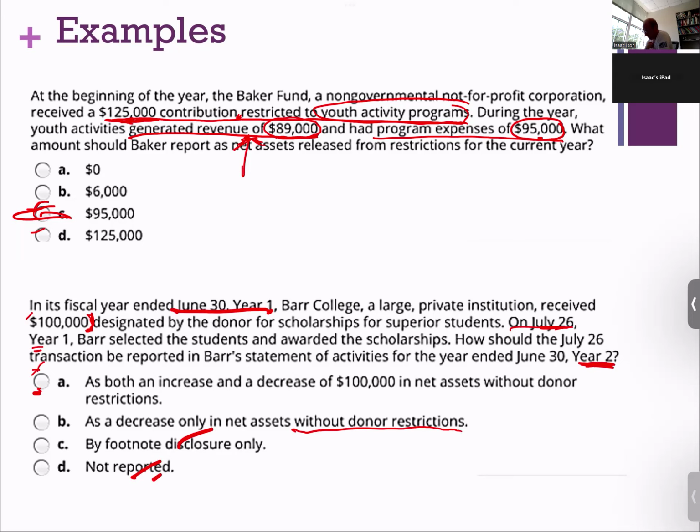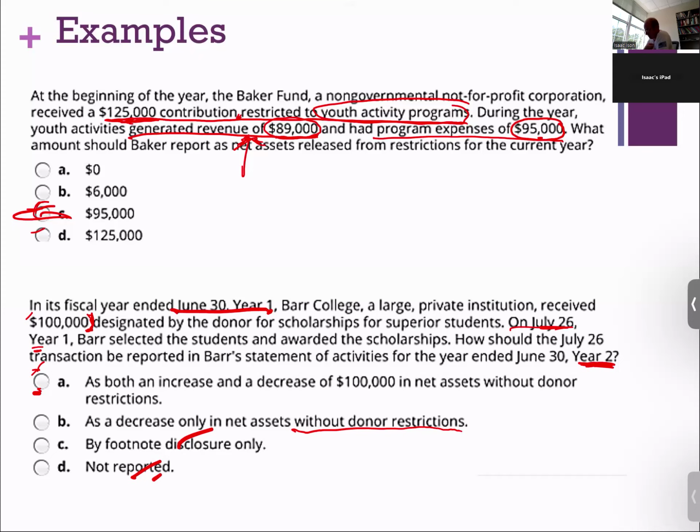The only way you'd have an answer that would be better is if it talked about increasing net assets with donor restrictions, and then decreasing net assets with donor restrictions, and then increasing net assets without donor restrictions, and then decreasing.